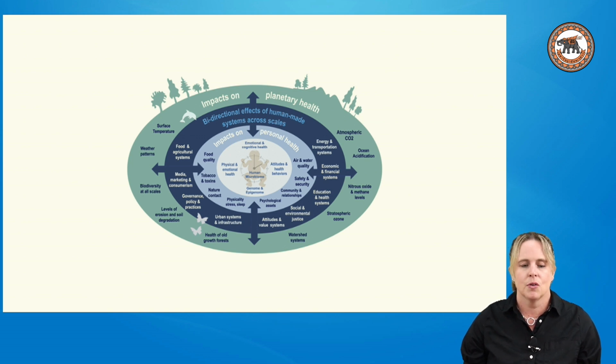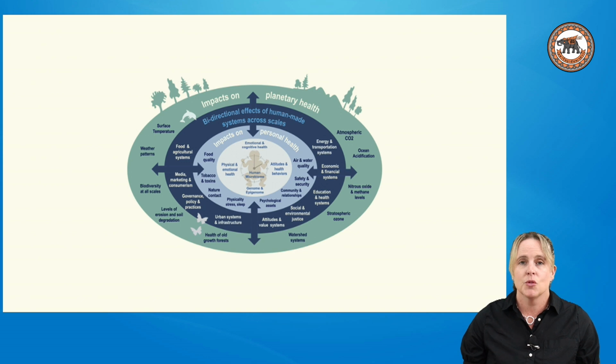So we can be looking at some of the areas that we can improve and actions and interventions that we can take to improve energy and transportation systems, change attitudes and value systems so that humans take different behaviors that are less harmful to the earth, have different governance policies, and work on changing our food and agricultural systems so they're more sustainable for the planet, and then also are more healthy for individual people.